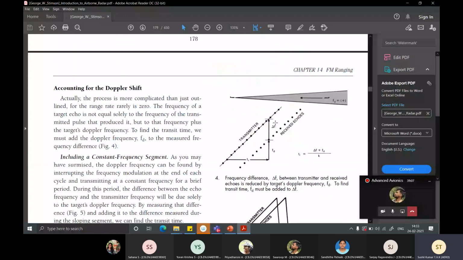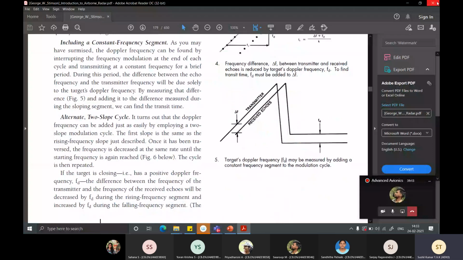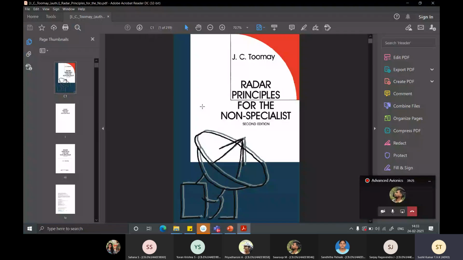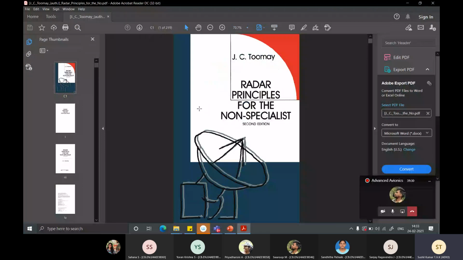This book is quite good. And if you want something very basic, then there is Radar Principles for the Non-Specialist. This is also a nice book, but much simpler, around 200 pages, explained very well. So all these books are quite good on radars.